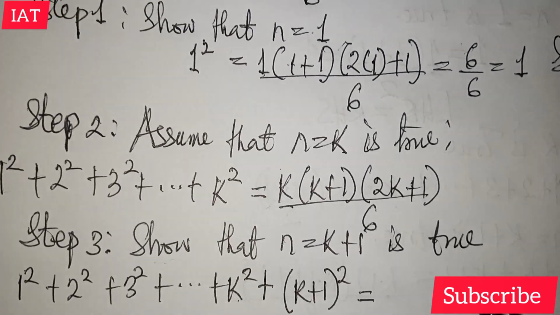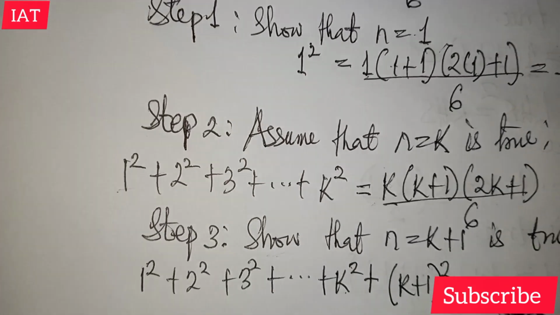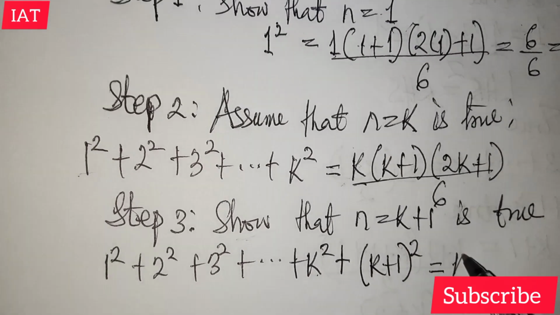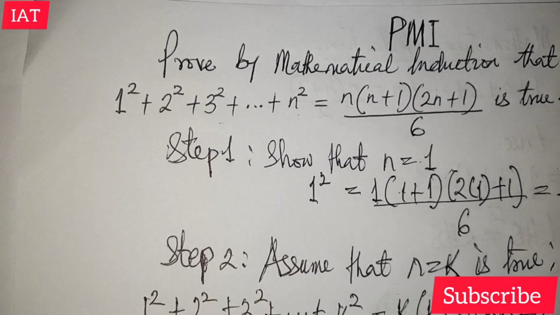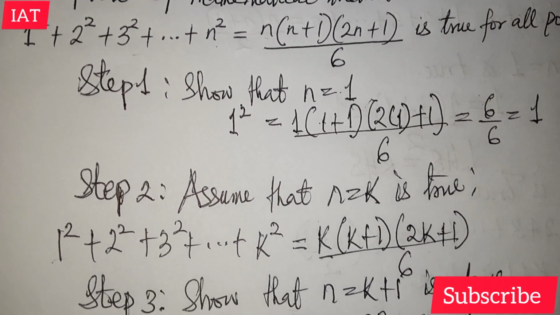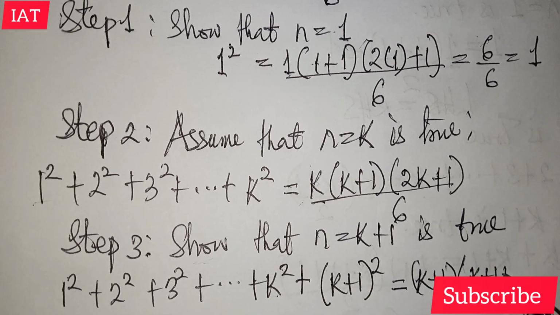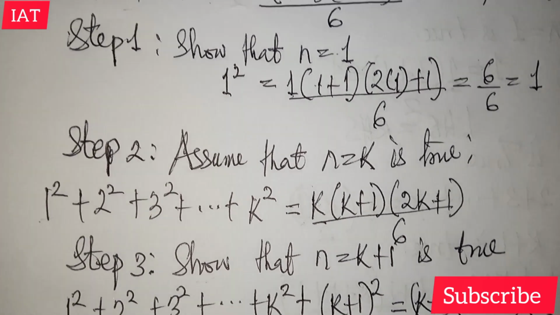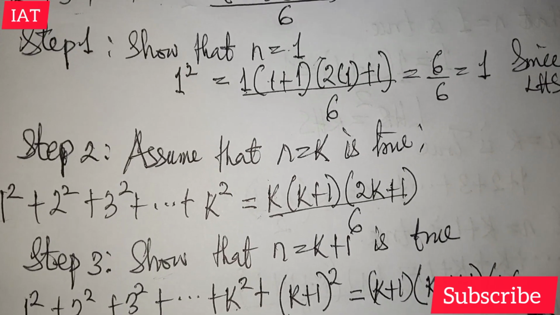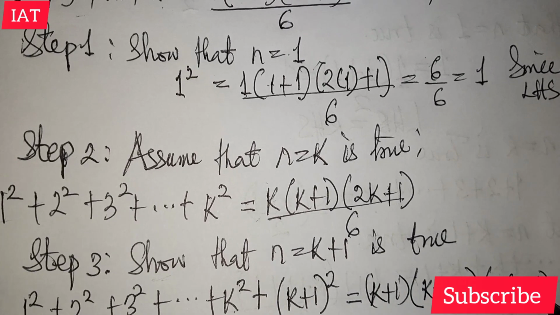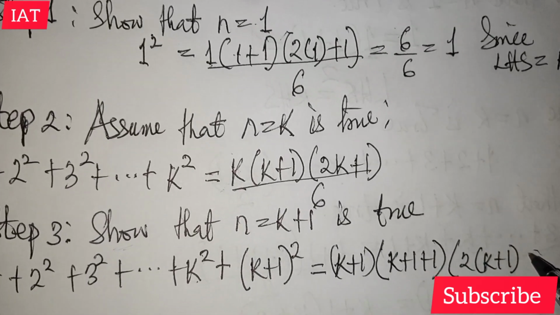So here we have k plus 1 into, what's the next thing we have there? k plus 1, and then we still have 2 into k plus 1, plus 1.